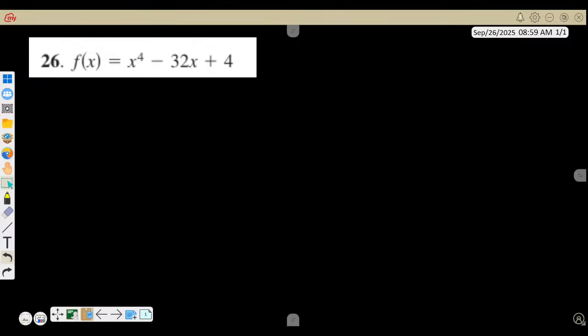So what is the derivative of 26? 4x cubed minus 32. Okay. And now set this derivative equal to 0. x equals 2.